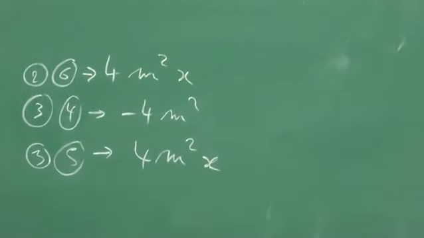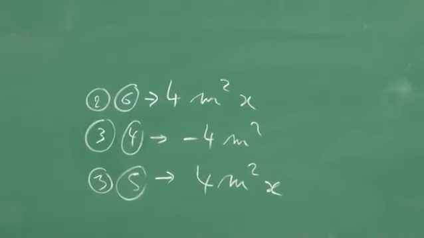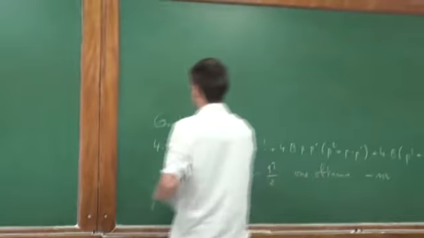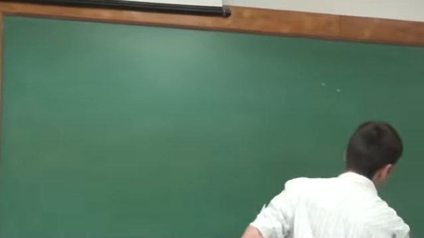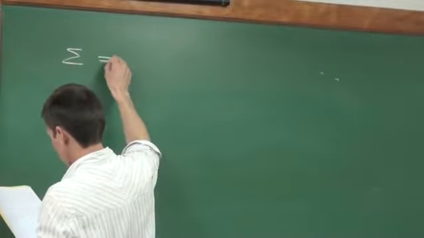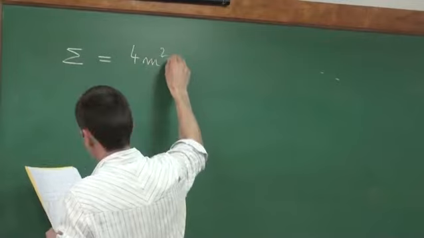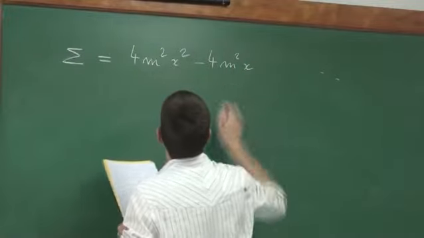The others do not give anything, so you can sum these contributions. And you get, finally, for the numerator, 4m squared x squared minus 4m squared x. You sum everything.